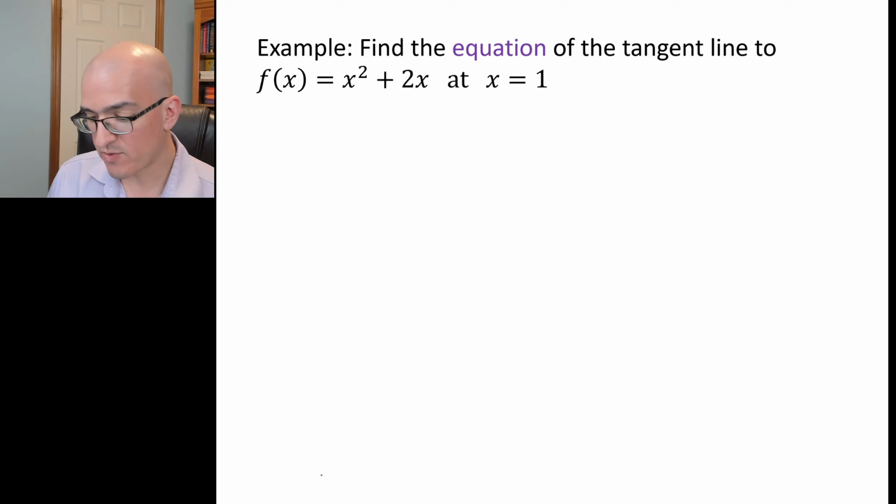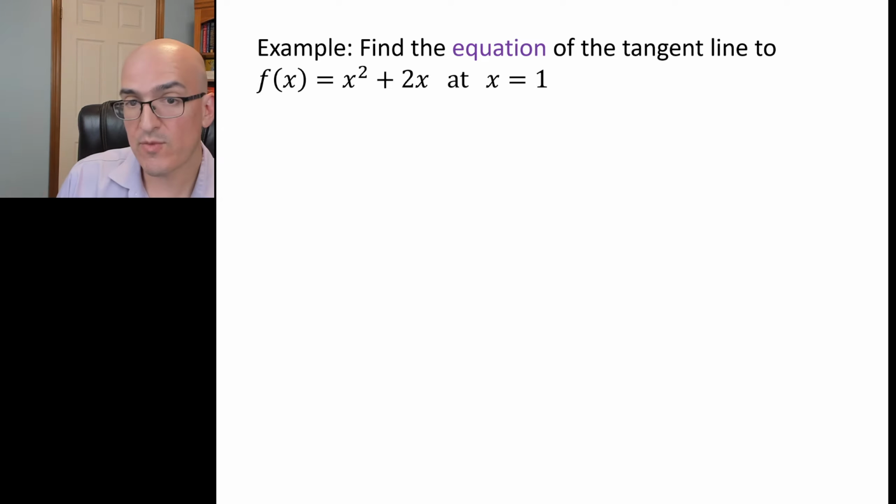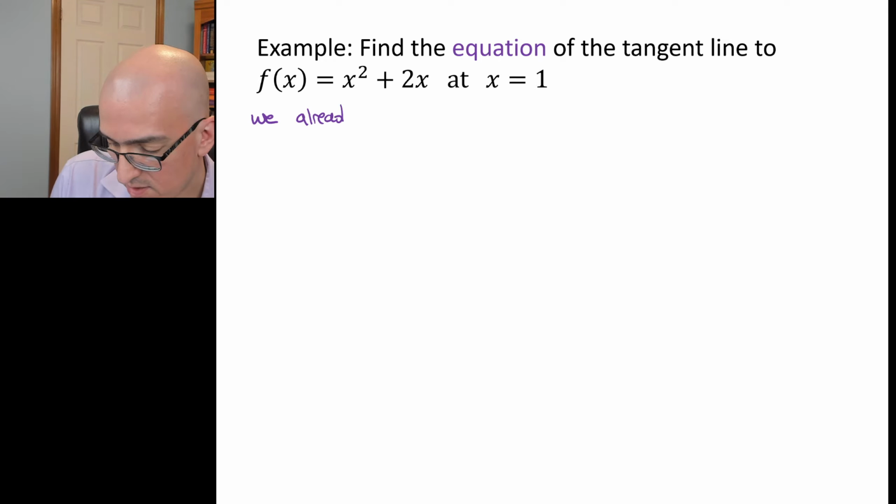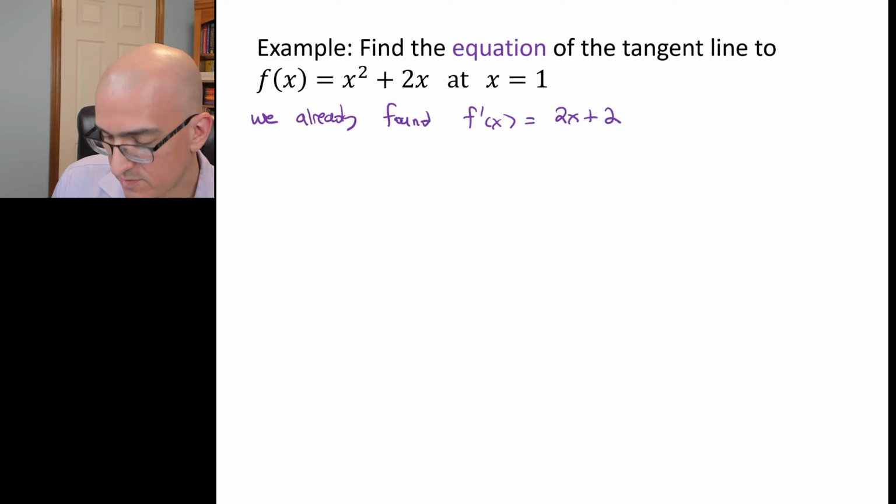So in this example, we're asked to find the equation of a tangent line to x squared plus 2x at x equals 1. And we already did the derivative, so I'm going to recycle it. We're going to be green. We already found f prime of x equals 2x plus 2.